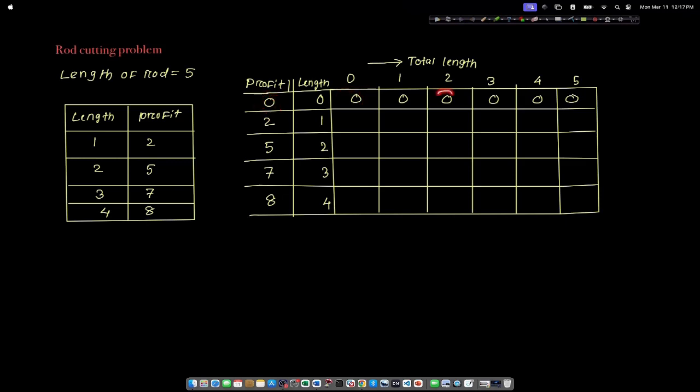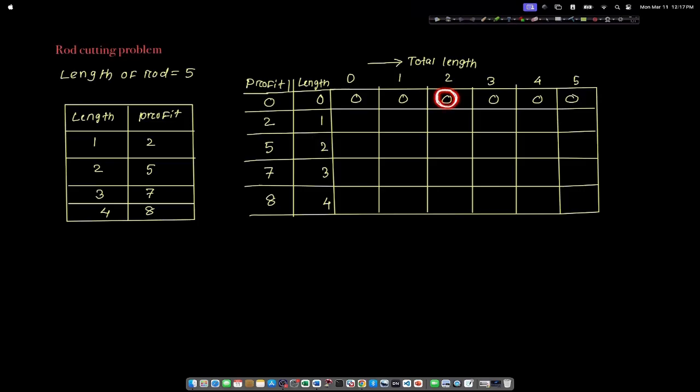And similarly, this cell indicates that we are cutting the rod into pieces of unit length 0, so length 0 units will have no profit, as given in this one.